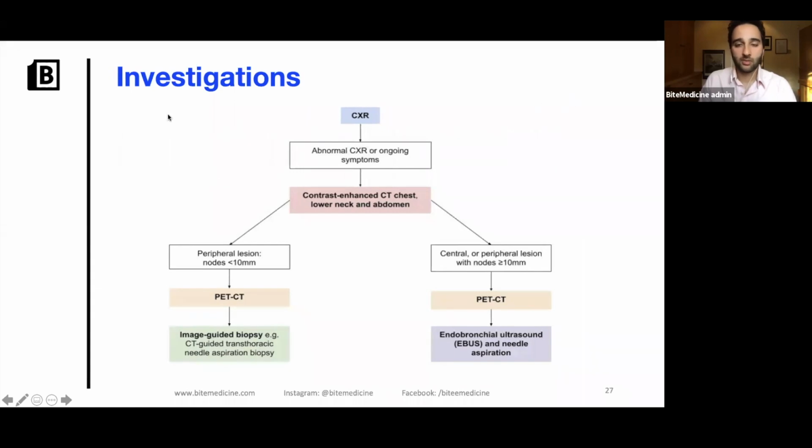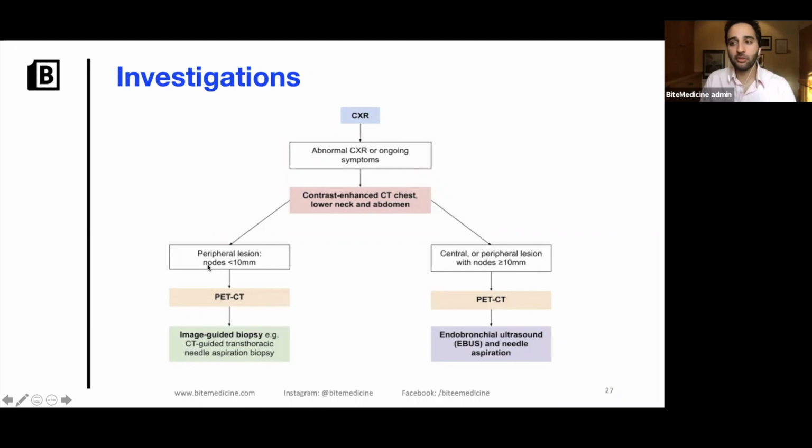So this is essentially what we summarize from NICE guidelines. Do a chest x-ray, abnormal chest x-ray or ongoing symptoms. You do a CT chest, lower neck and abdomen. This is actually explicitly what the guidelines say now. In reality, I would probably just do a CT chest, but this is what the guidelines say, so it's probably best to learn that. You then have a look at your lesions.